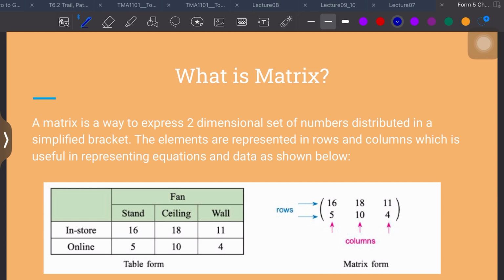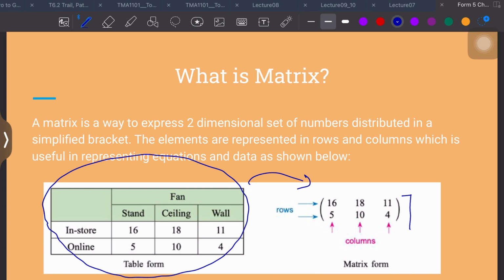As you can see, here we have data that is arranged in a table form, but we can also convert it into a matrix form like this. Usually the bracket in matrix form is a square bracket like this.